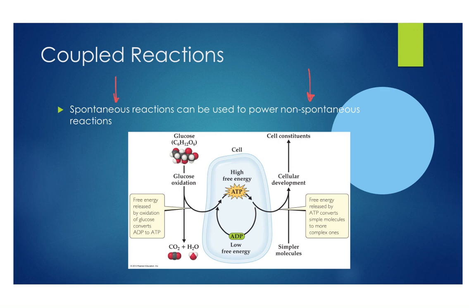So basically, the delta G of the favorable reaction ends up being greater in magnitude than the delta G of the unfavorable reaction. As a result, you can use the free energy from the favorable reaction to power the unfavorable reaction.